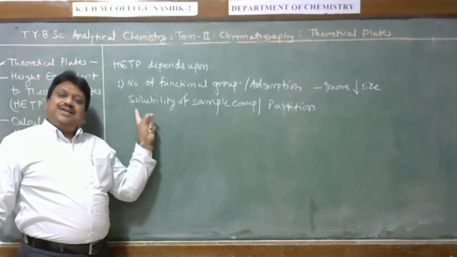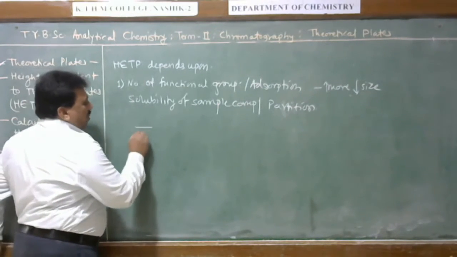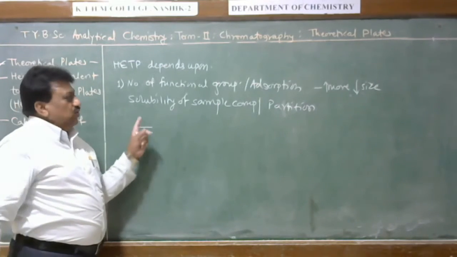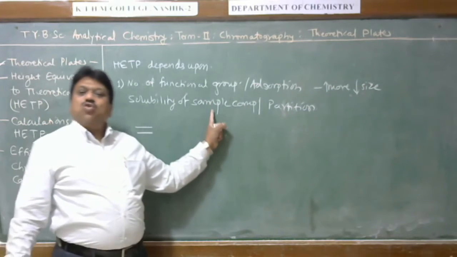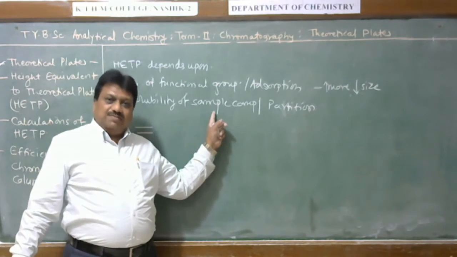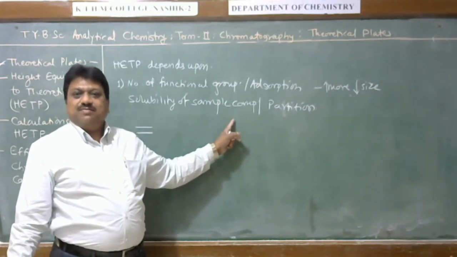In case of partition chromatography, if a minimum volume of that particular liquid is required to dissolve the solute, then more number of theoretical plates are present in the column, or height equivalent to theoretical plate is small.